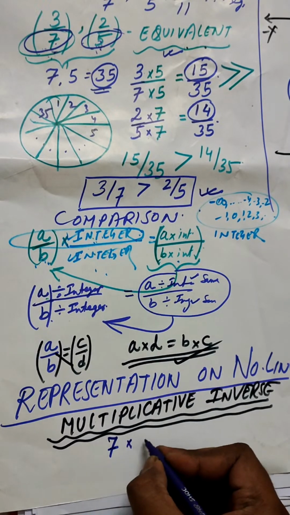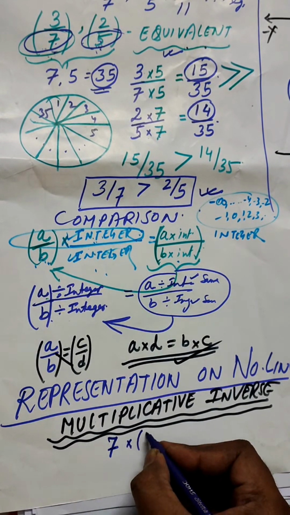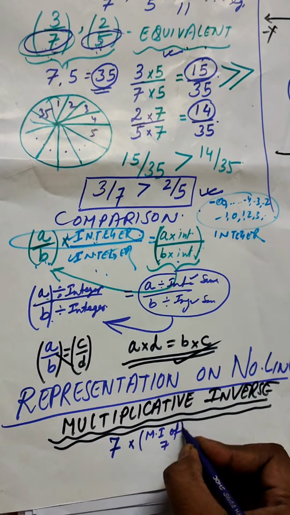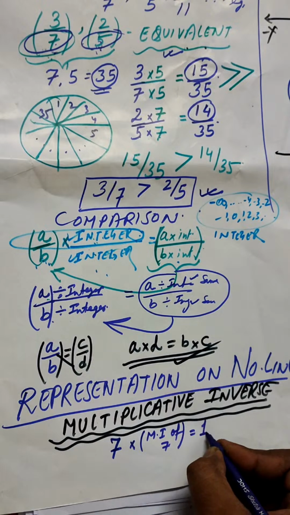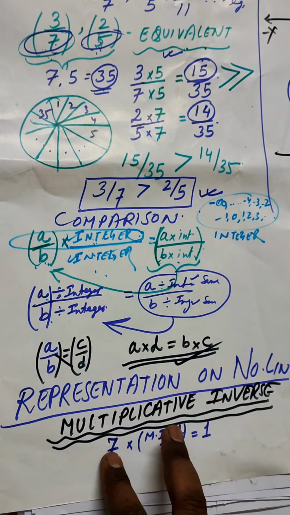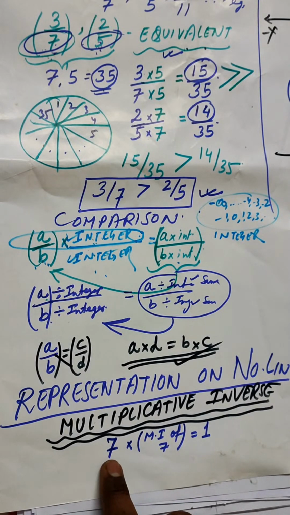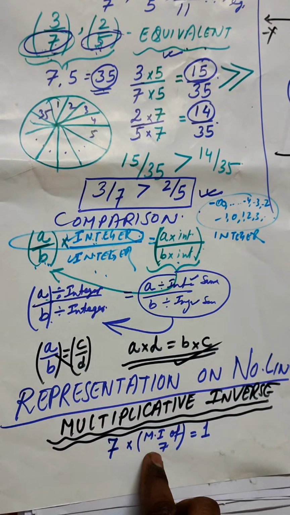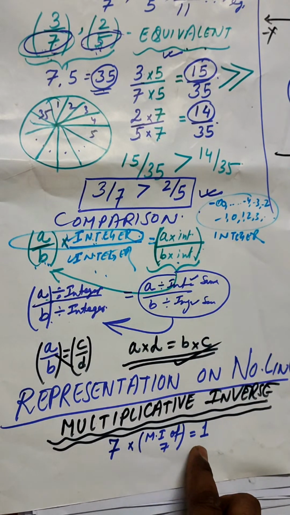So 7 with the multiplicative inverse of 7 will always give you 1. So the product of the number and its multiplicative inverse is always equal to 1. Mind it.